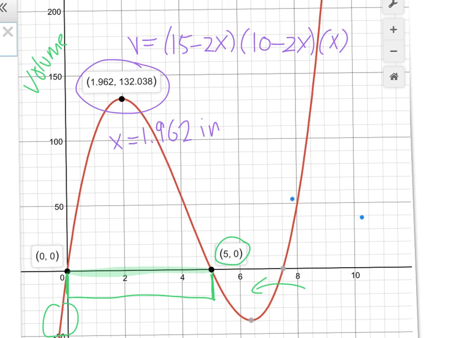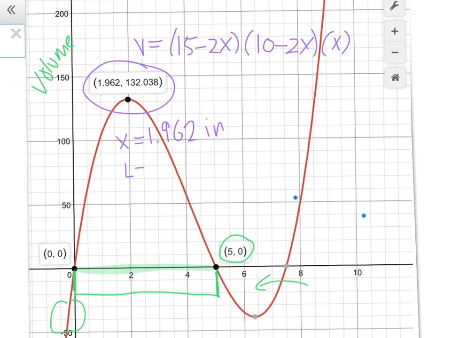That means that my dimensions are going to be, so it's 15 minus 1.962 times 2. So the length is 11.076. The width would be the same thing, but 10 instead of 15.